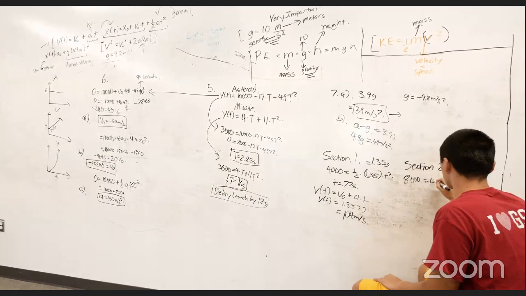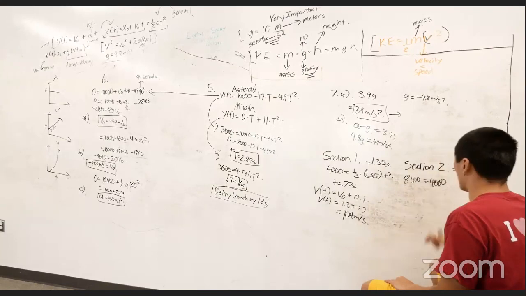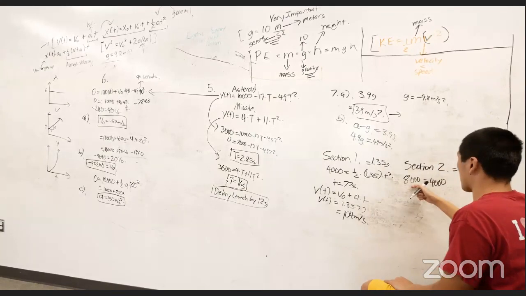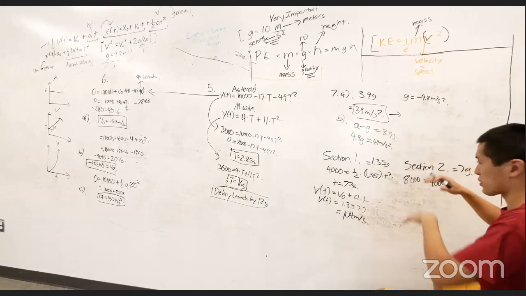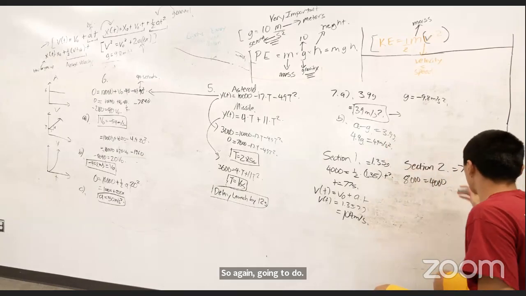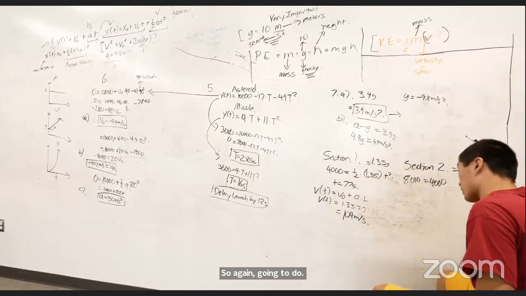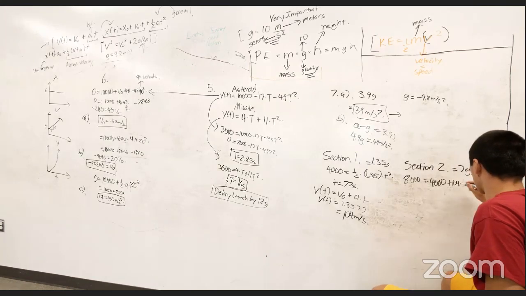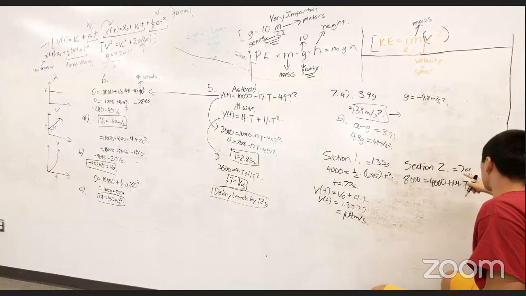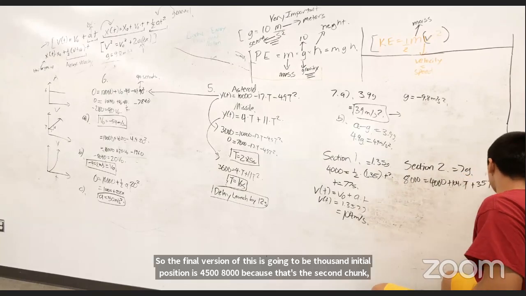The initial position is 4,000. Final position is 8,000 because that's the second chunk. 4,000, this is because your initial position is 4,000 above the ground. So the tricky part here is recognizing that your initial velocity is no longer 0, it's actually this. So it's going to be 104 meters per second. 104 meters per second times t plus 1/2 times 7, which is 3.5 t squared.